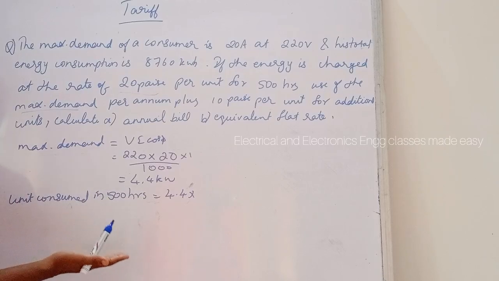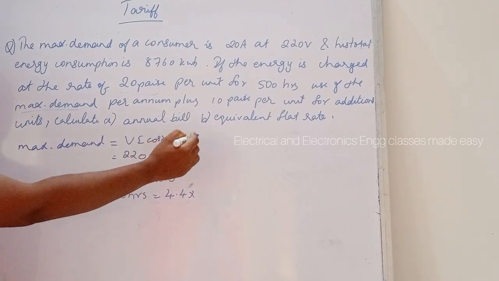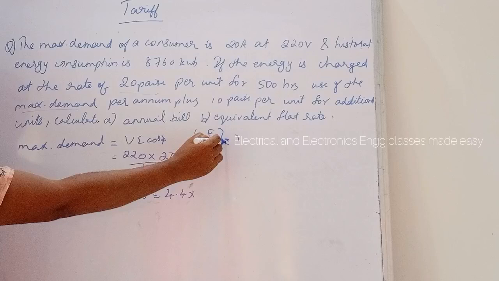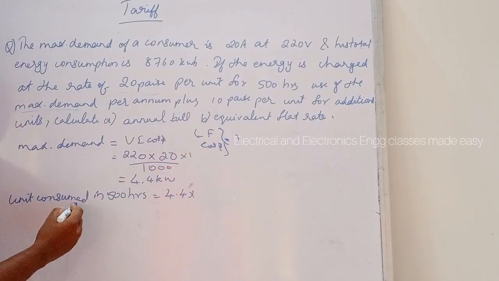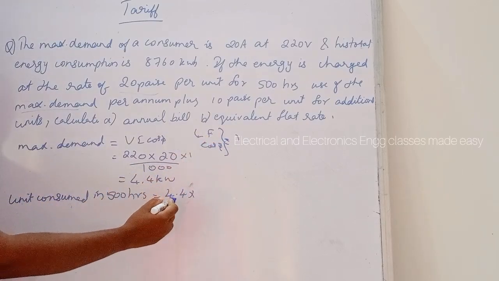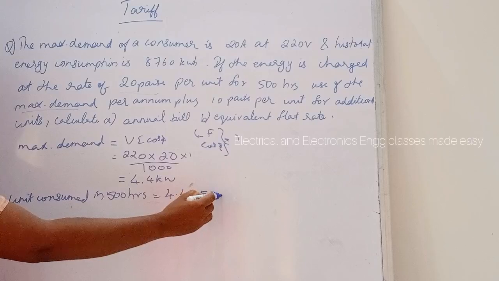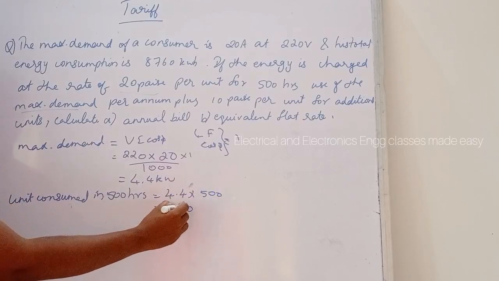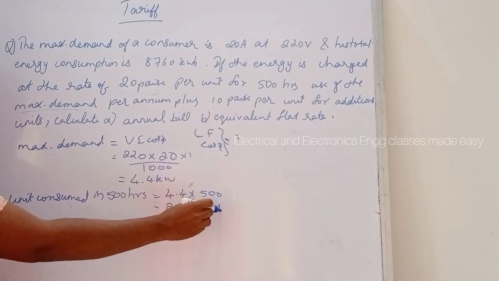Let us assume load factor and also the power factor as unity. So units consumed in 500 hours is equal to 4.4 into 500, and we get 2200 kilowatt hour.